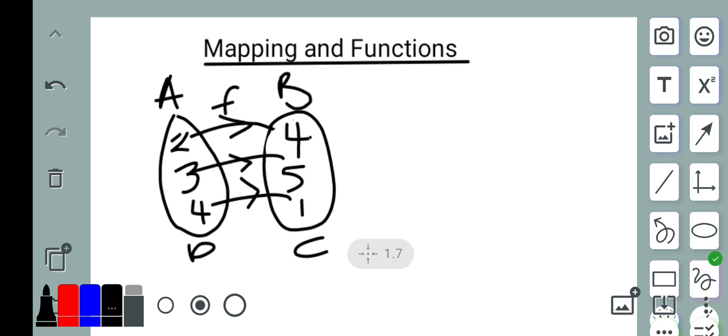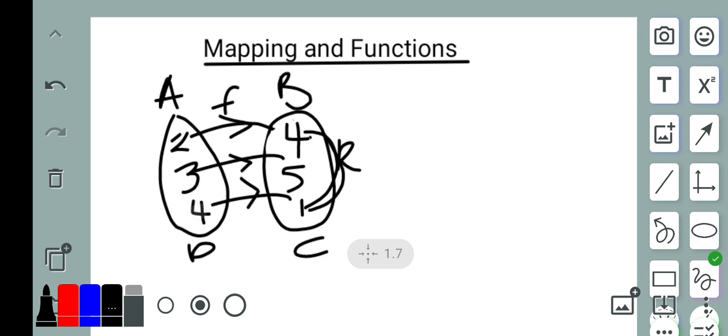And I already said in the last class that these are the range R. The range are the elements in your codomain that are images of elements in your domain. What am I saying? 4 is an image, 5 is an image, 1 is an image. 4 is an image of 2, 5 is an image of 3, 1 is an image of 4.